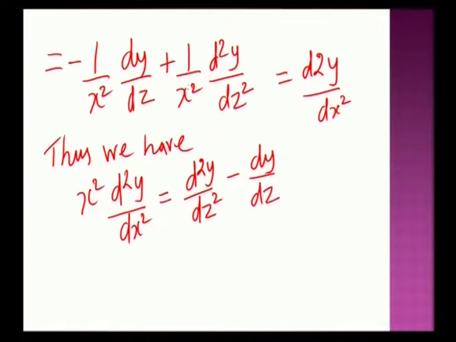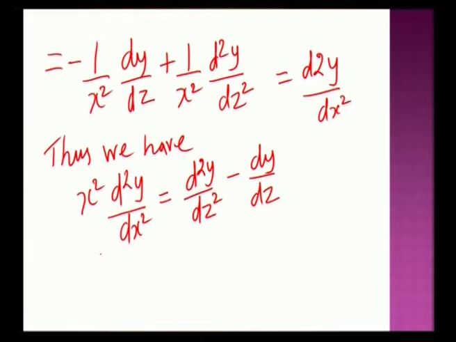Here you can take 1 by x square as common, so this equation will reduce to 1 by x square into minus dy by dz plus d square y by dz square, which is equal to d square y by dx square. Now, bring this x square from the denominator to this side, and you will get x square into d square y by dx square equal to the remaining component, d square y by dz square minus dy by dz.